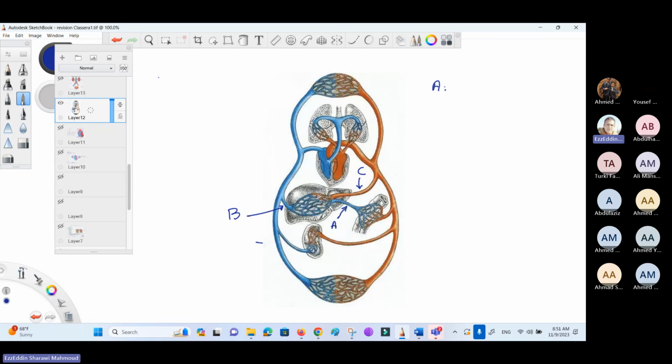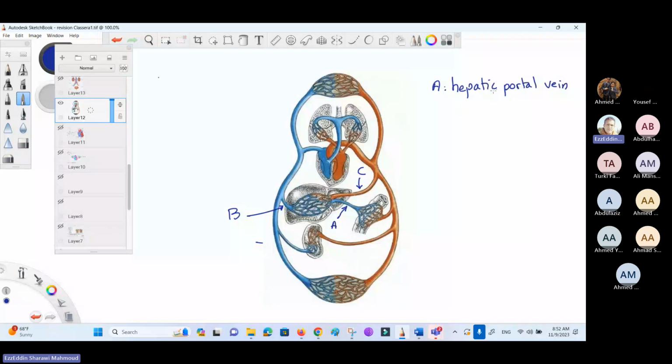Again, this is a small circulation between the small intestine and the liver. Small intestine will carry out the process of absorption of food, and all the blood will be accumulated and joined into a specific blood vessel called A. A is called hepatic portal vein.